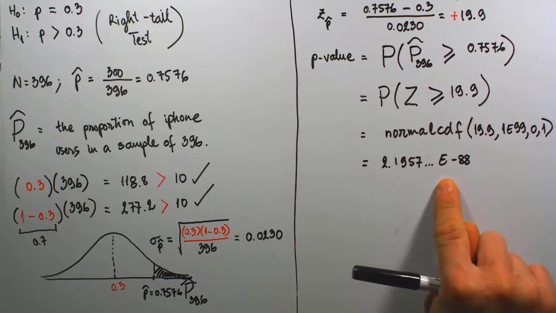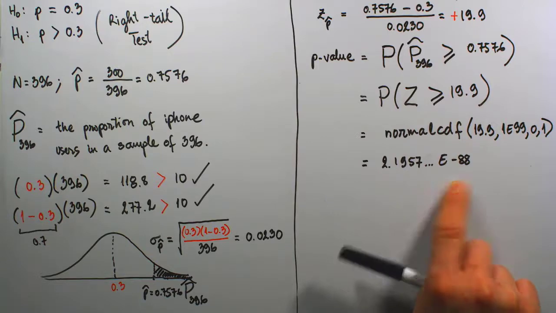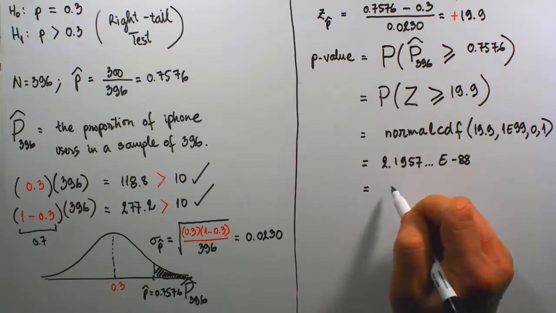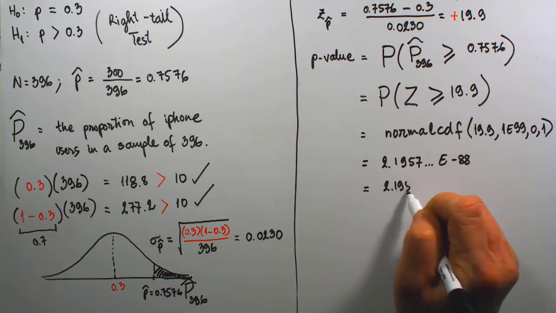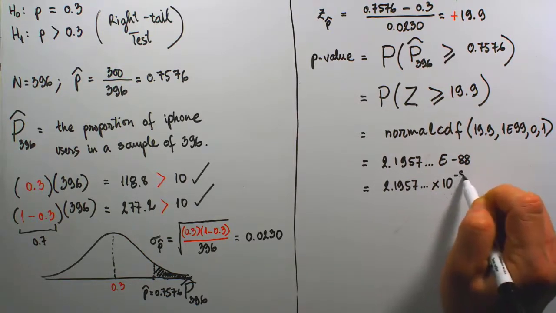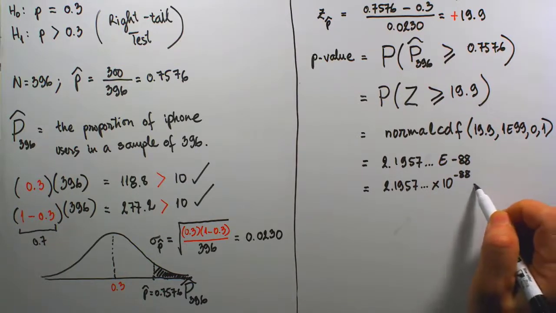That's just the way the calculator puts the result, but this answer means our answer truly was 2.1957 and a lot longer, times 10 to the minus 88 power.